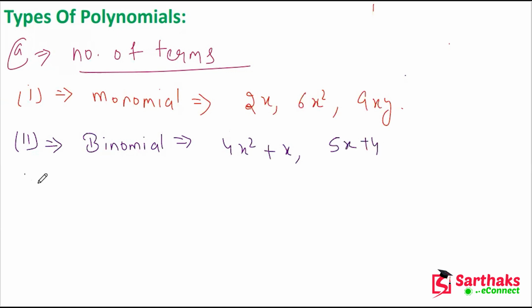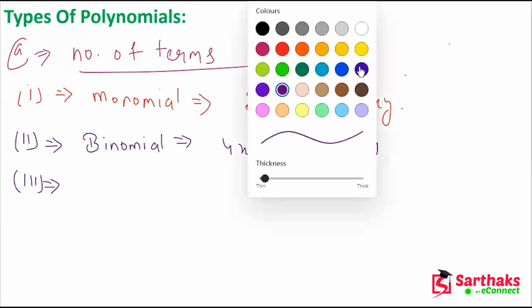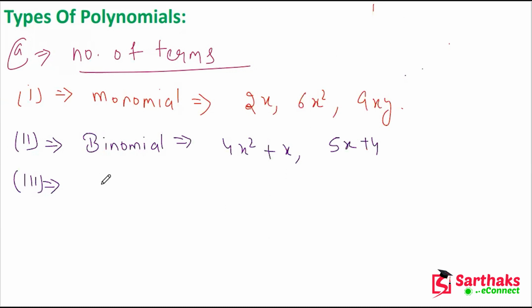The third is trinomial. A polynomial with three terms. For example, x square plus 3x plus 5. This is a polynomial with three terms.